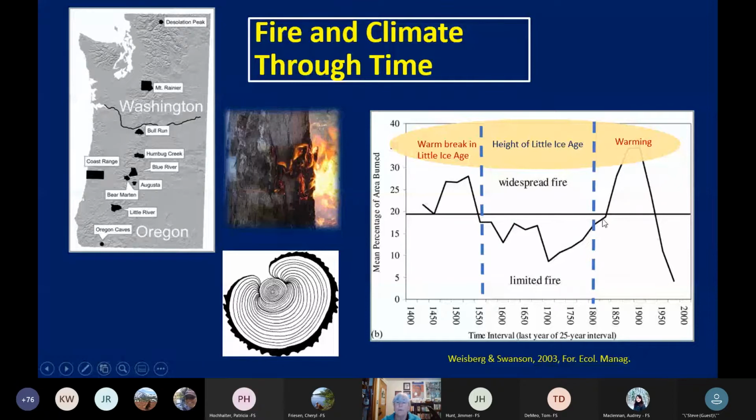And then conversely, there was a period where we had well below average fire activity. So as you can see from the bubble up above, these periods are interacting very directly with climate, with the above average fire activity occurring in warm climate periods and the below average fire activity occurring at the height of the Little Ice Age.